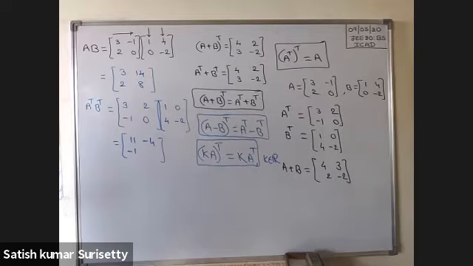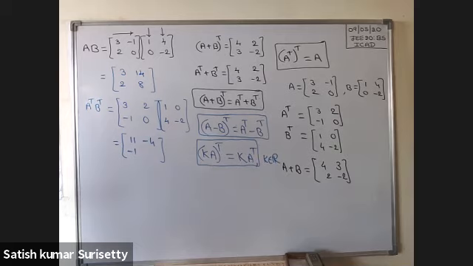Now let us calculate B transpose into A transpose. So what is B transpose? 1, 0, 4, minus 2. And A transpose is 3, 2, minus 1, 0.